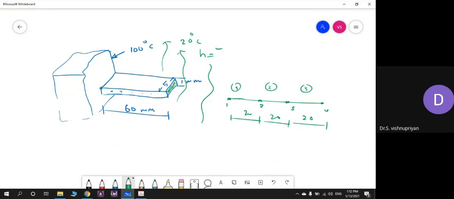So this is node 1 and this is node 4. So T1 is already known to us. We have to find T2, T3, T4. That's what it means. Of course, if you want to find at more points, let us say I want to find at 6 different points in the fin, then I have to go to that many elements.